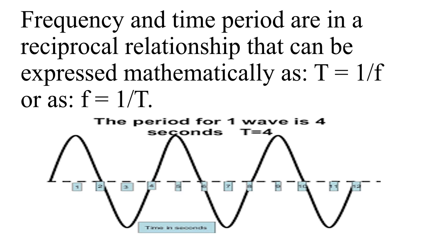Frequency and time period are in a reciprocal relationship that can be expressed mathematically as T equals 1 upon F, or F equals 1 upon T. Here, once again, the time period of one wave is 4 seconds. You can check that the time taken for completing one oscillation or one cycle is 4 seconds.